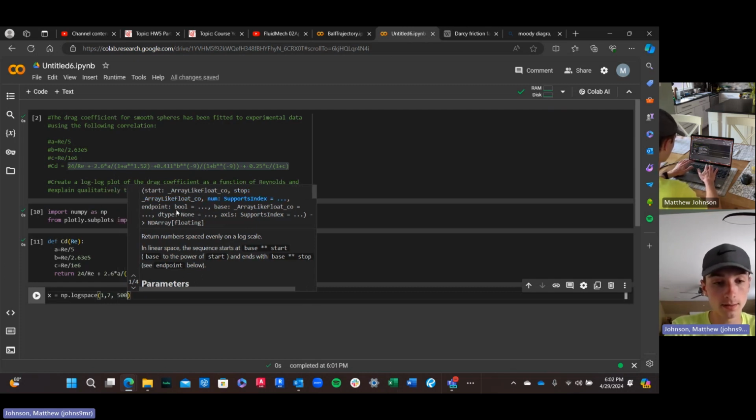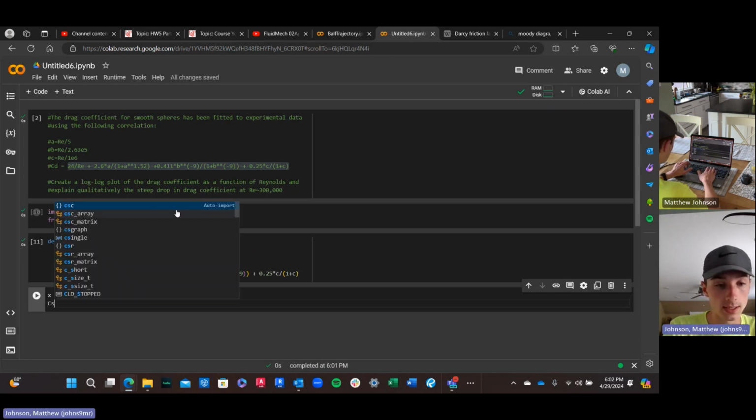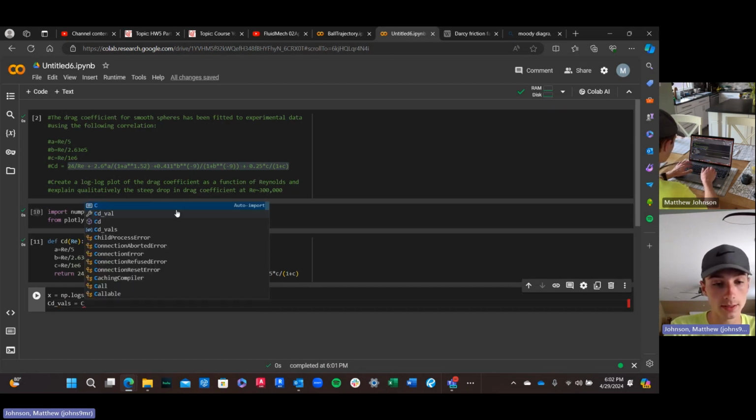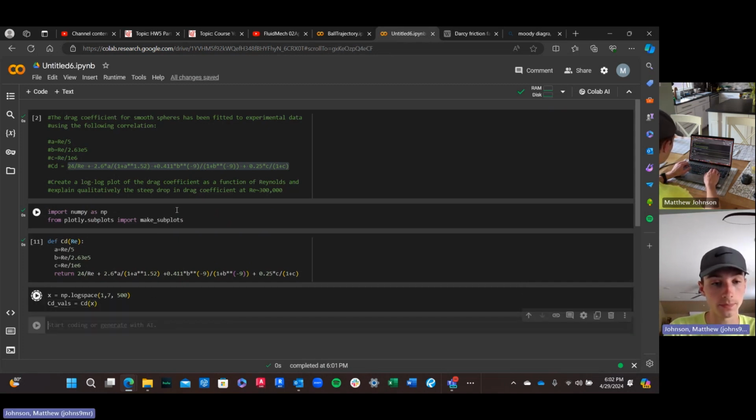Do that step there. Okay. And then I guess we want to use those numbers as our Reynolds number values. So we want to say, let's do our CD, we'll call these our CD values, are going to equal CD of X, basically.